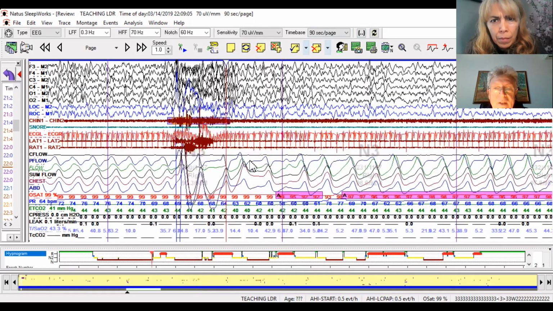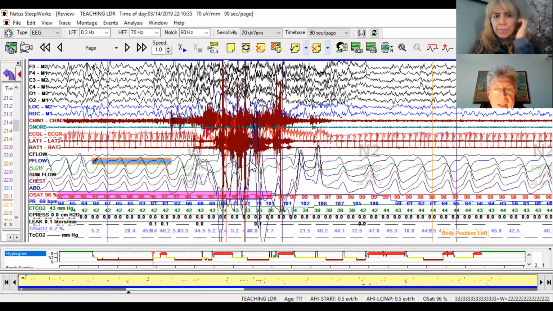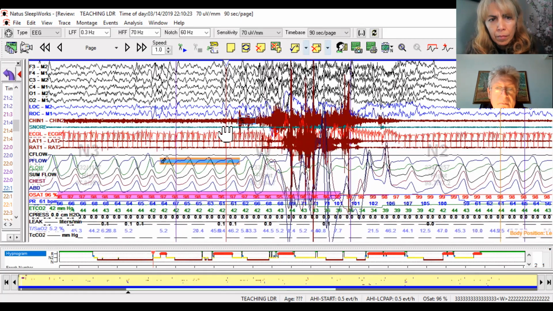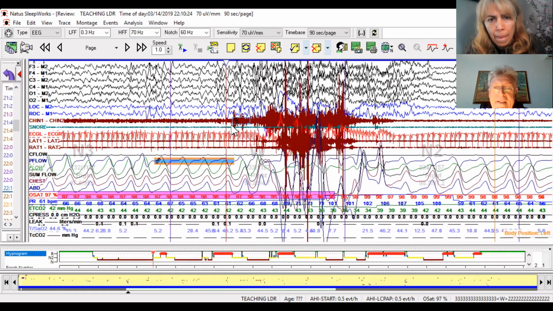This is an example. You see that this epoch is scored as wake, but it was sleep in the first 10 seconds at least, and was sleep even in the epoch before. So this movement is preceded by more than 10 seconds of sleep, a lot more, no? Right.